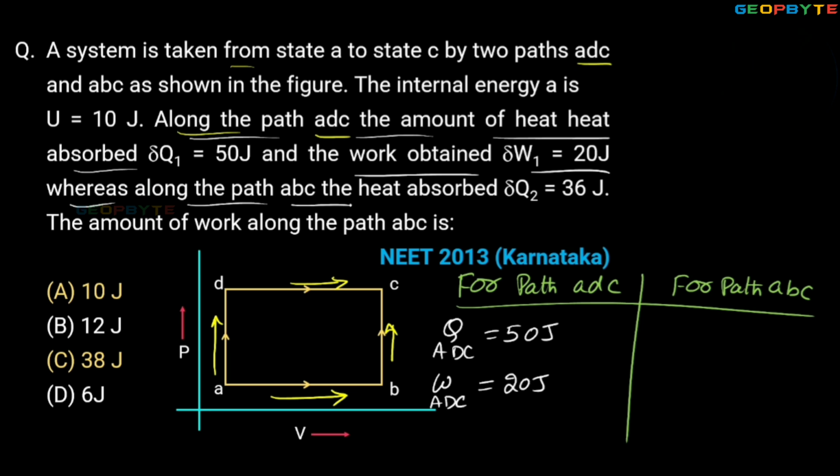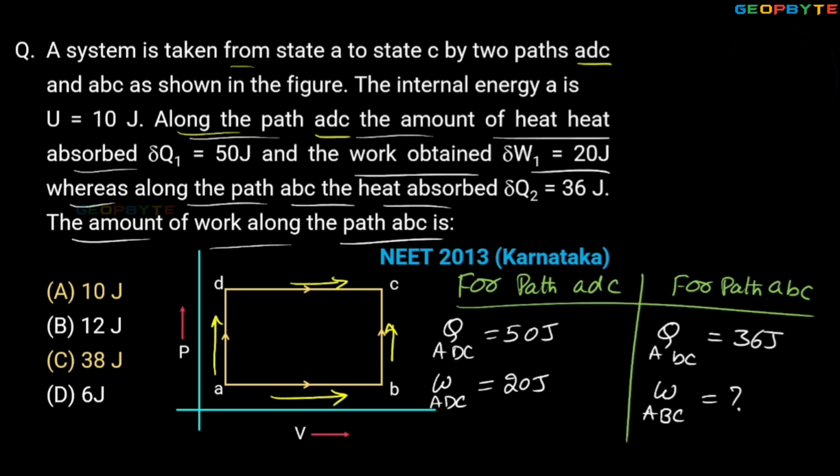Whereas along the path ABC, the heat absorbed for ABC is given as 36 joules. The work along the path ABC is how much? That is the question. For that, first let us take the path ADC.